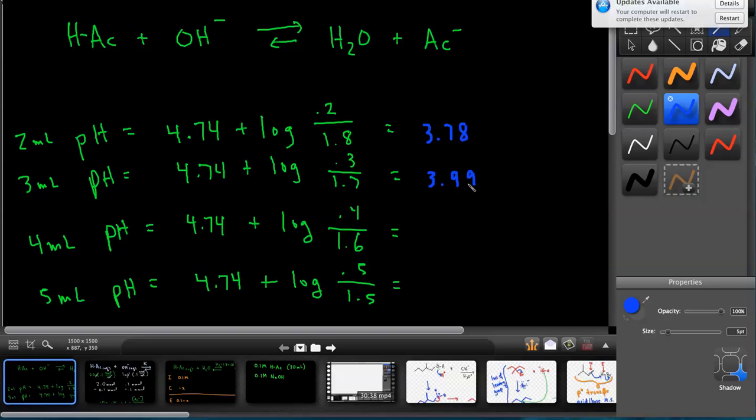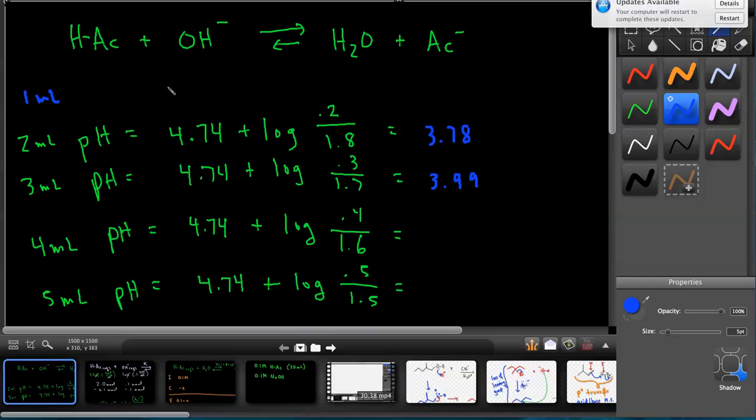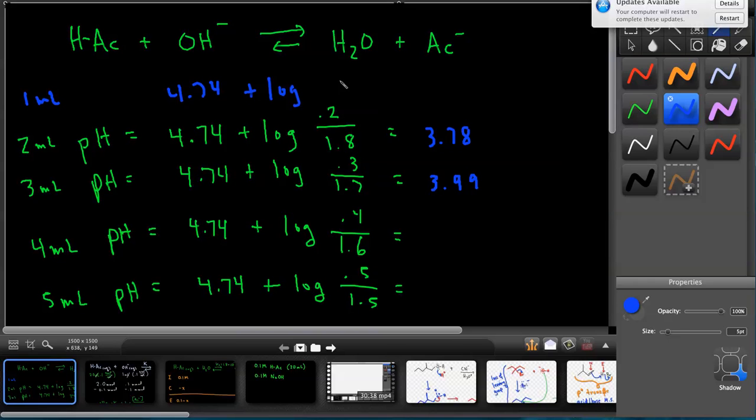I actually have discovered a small mistake I made earlier. For the first point, I did 0.1 over 2, and it should have been 0.1 over 1.9. So let me redo that one as well. So for the 1 mil, it's 4.74 plus the log of 0.1 over 1.9 instead of 2. Hopefully by now you can see why you cannot use Henderson-Hasselbalch for the first point, because it would be 0 over 2.